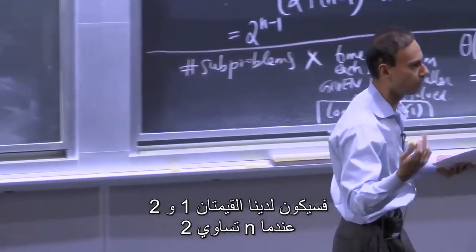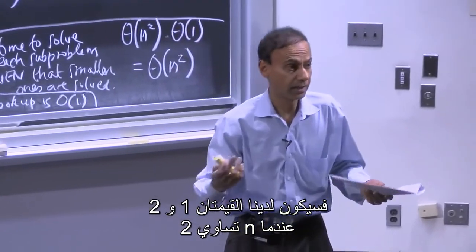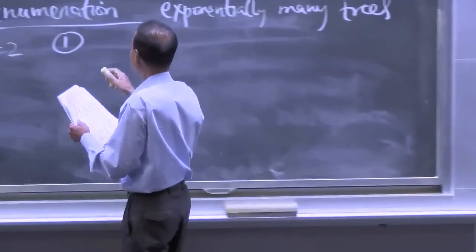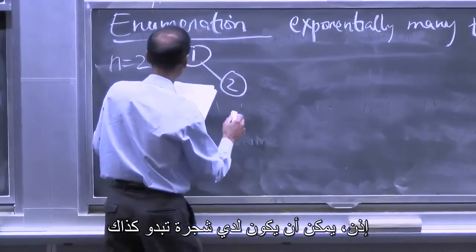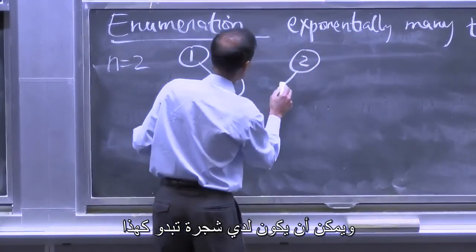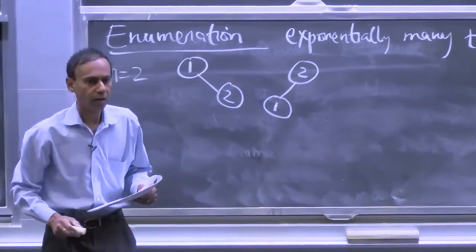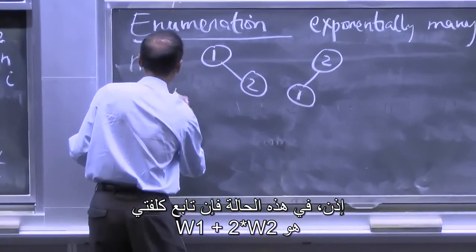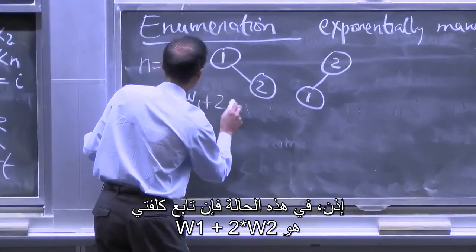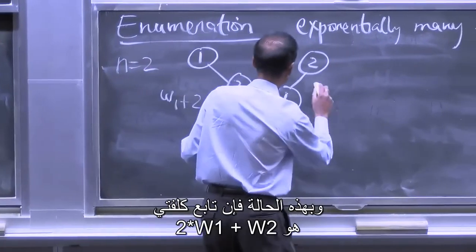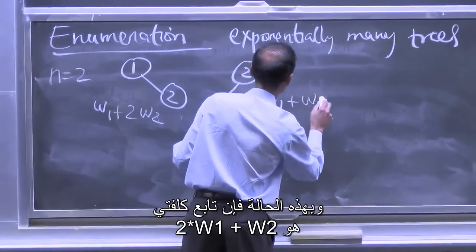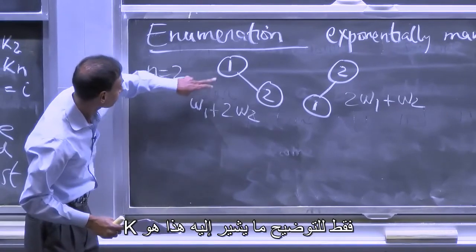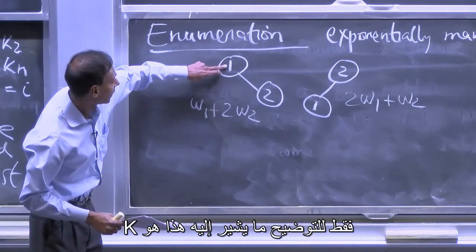That's 1 and 2 would be the k's for n equals 2, and 1, 2, 3 for n equals 3, etc. So I could have a tree that looks like that, and I could have a tree that looks like this. That's it. For n equals 2, I have 2 trees. In this case, my cost function is w1 plus 2w2, and in this case, my cost function is 2w1 plus w2.